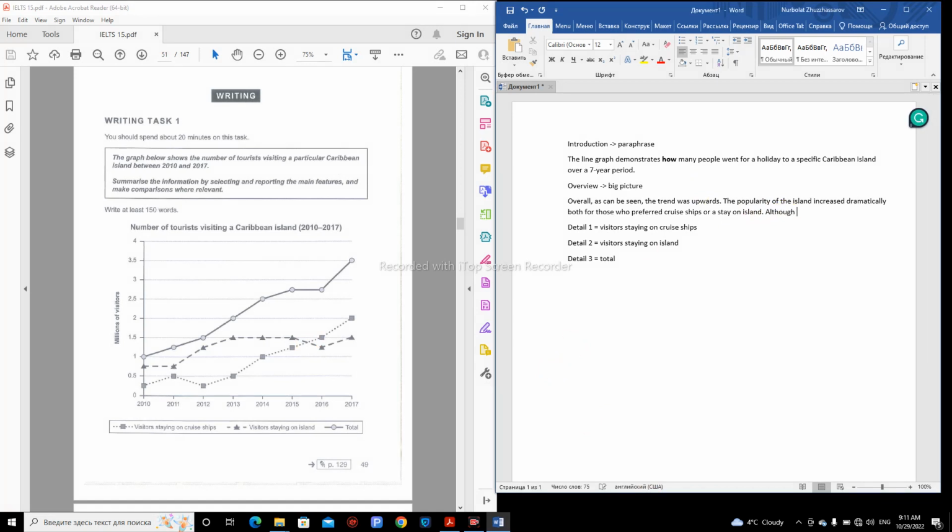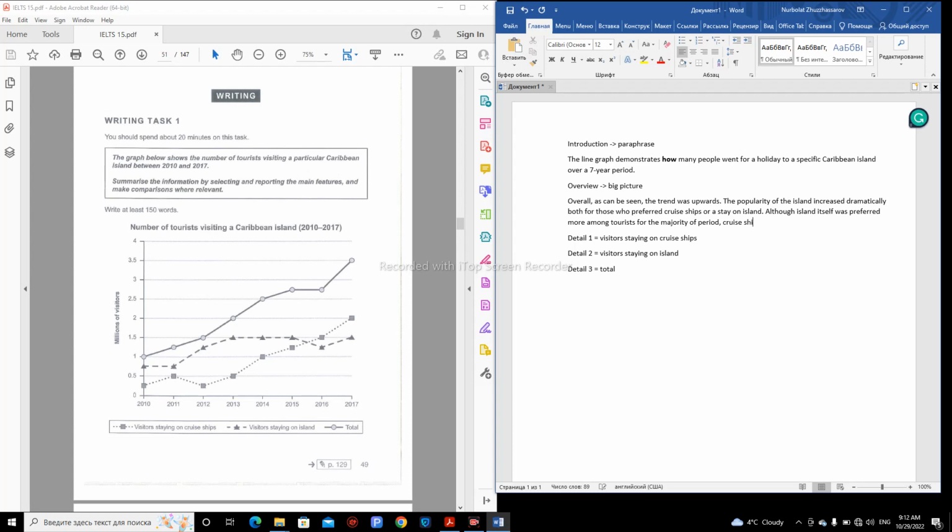Although staying on island, the island itself was preferred more among tourists for the majority of the time, or for the majority of the period.